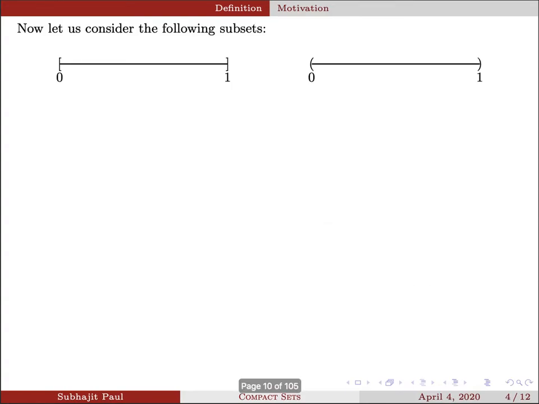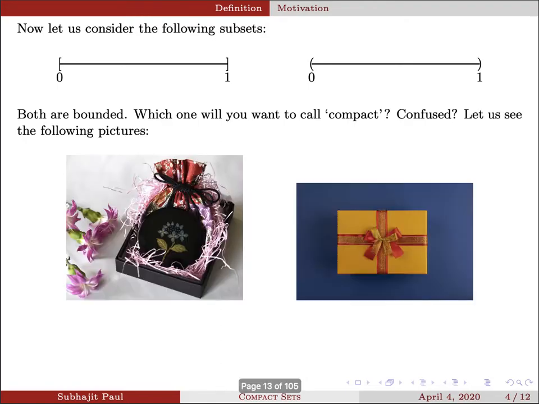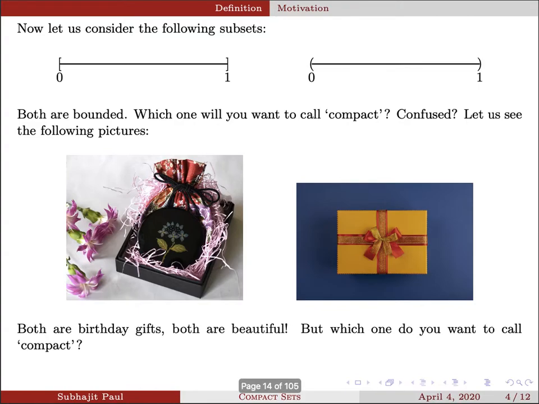Okay. Now, let us consider these two following subsets: the closed interval 0, 1 and the open interval 0, 1. Both are bounded. We agreed in the last slide that we want our compact sets to be bounded. Here both are bounded. Which one will you want to call a compact set? Confused? Okay, let's see these two following pictures. Now, these two are birthday gifts.